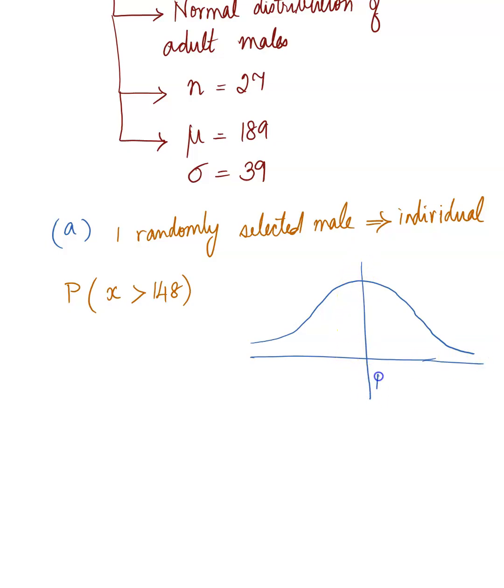So the mean for this distribution is 189, sigma is 39, and to be greater than 148, we'll fix 148 somewhere on the left of the mean. So that's greater than 148, which would refer to this shaded region to the right.